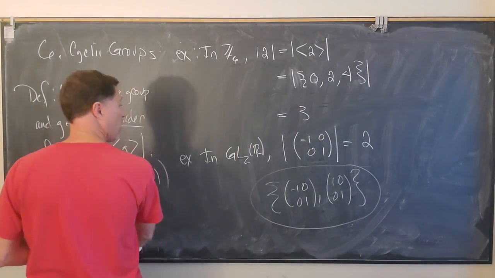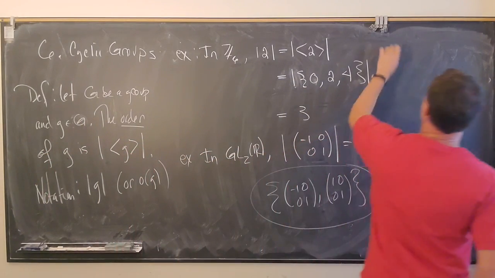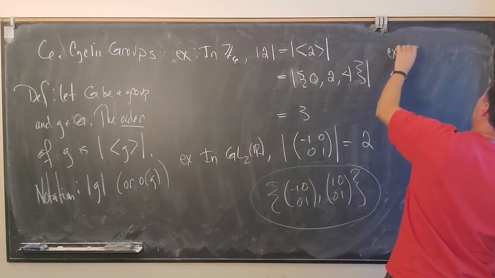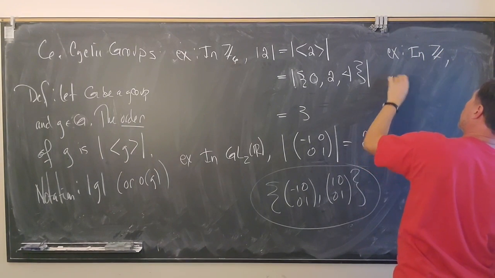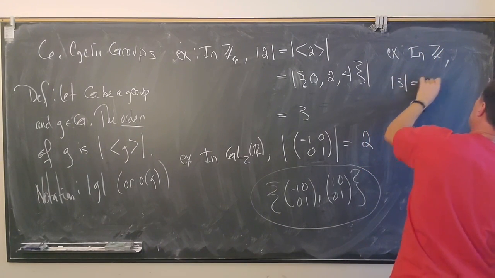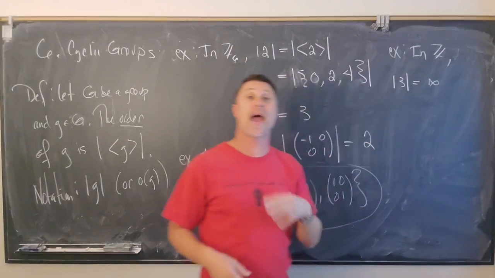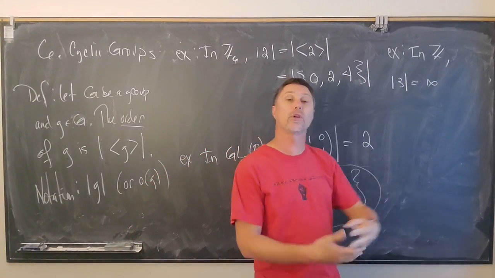One more example. In Z, the order of the element 3 turns out to be infinite. What you do is keep adding 3 plus 3 plus 3 plus 3, and you can go on forever.